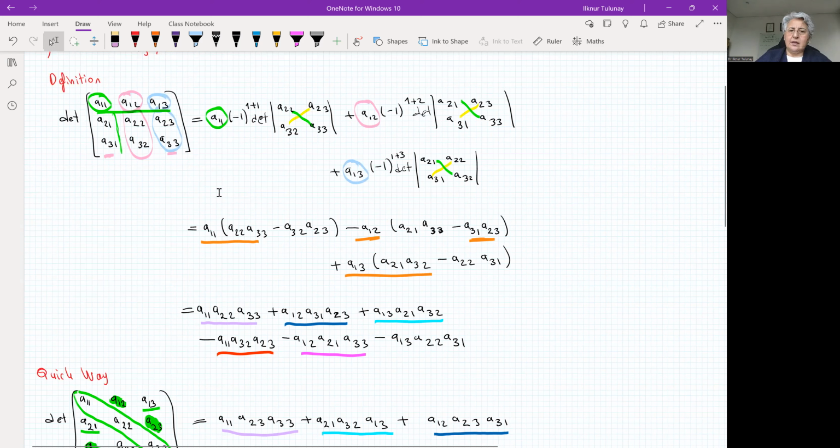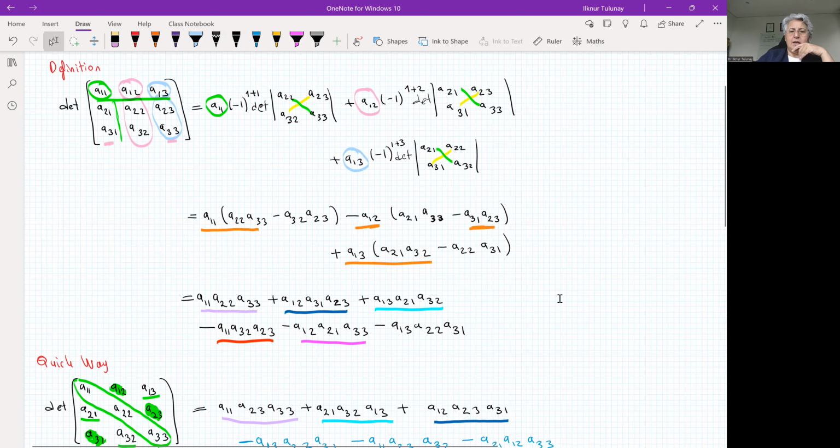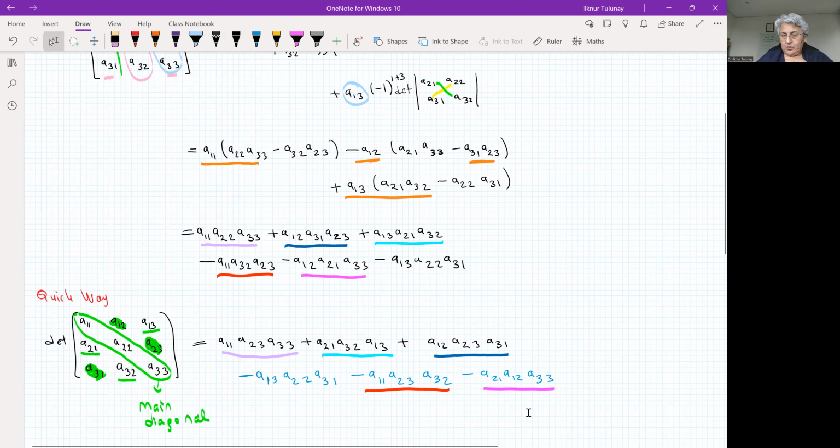So instead of having this line, for example, or this line, for example, you can do it from your mind, and you don't need this one. You can obtain this formula in one line. Your brain can do that very easily. So in this way, you're going to obtain that. It's up to you, whatever works for you.